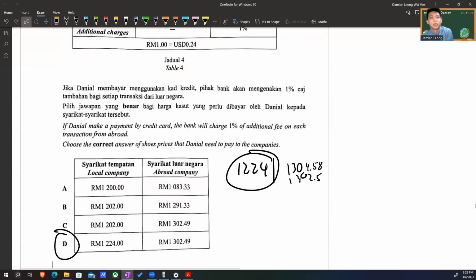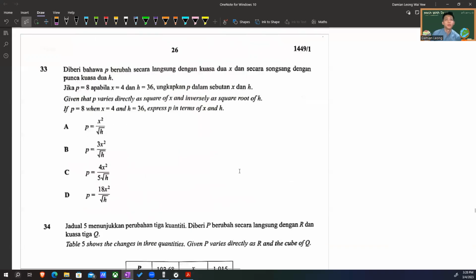Right. Then question 33. Given P varies directly as the square of X, means P equals K times square of X, so X square. Inversely, so put below, over the square root of H. I don't know what K is.